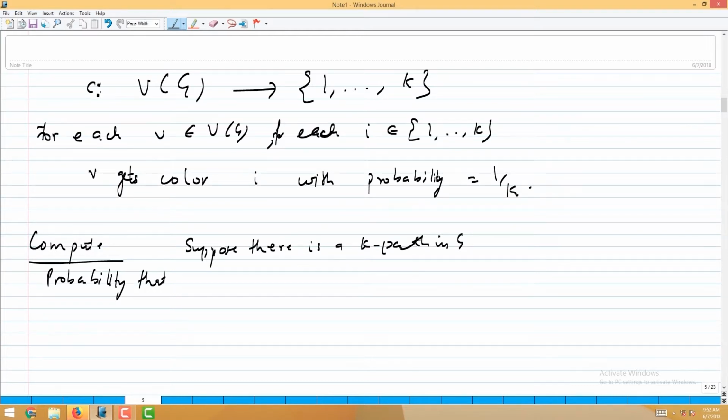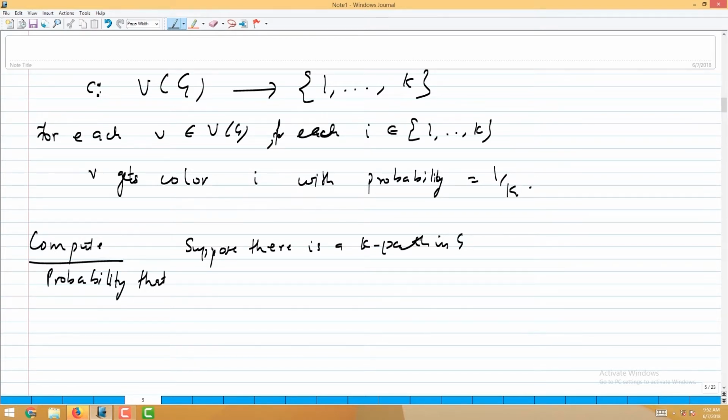In other words, what is the probability that all the vertices of this particular k path will get distinct colors in this coloring? That's the probability that we are interested to compute. If this probability is good, then our algorithm will be a good randomized algorithm.